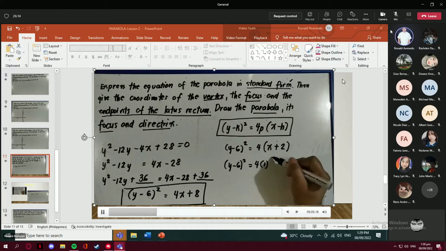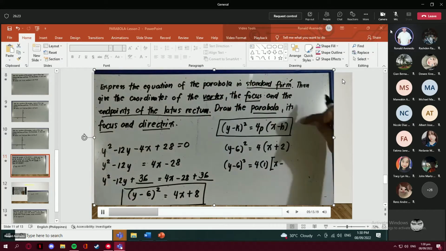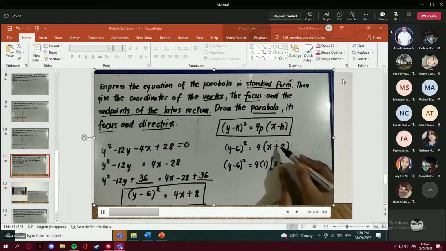Then here, x. In our guide, we have here negative. So negative tayo dito, meron. So if this is negative, to make this positive, what is inside should be negative 2.